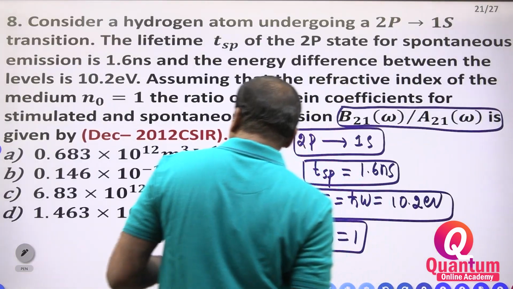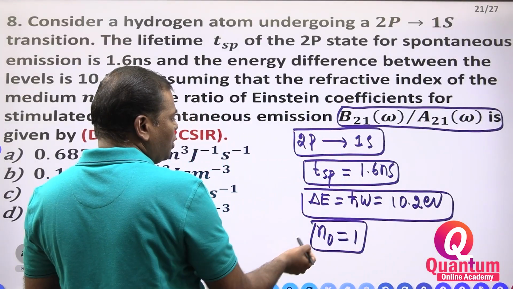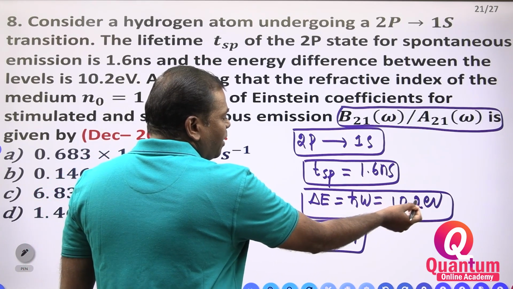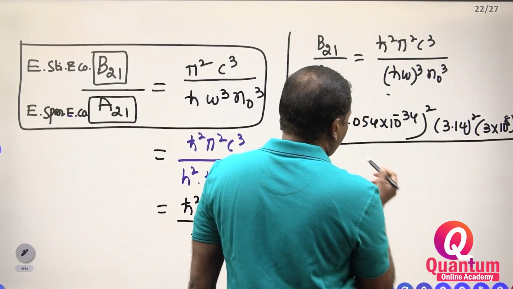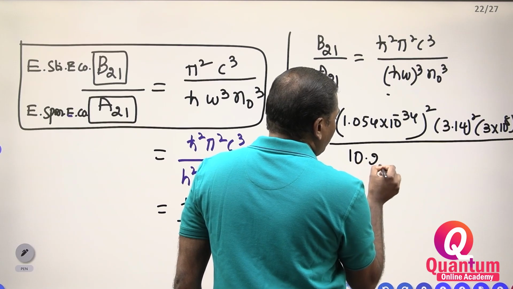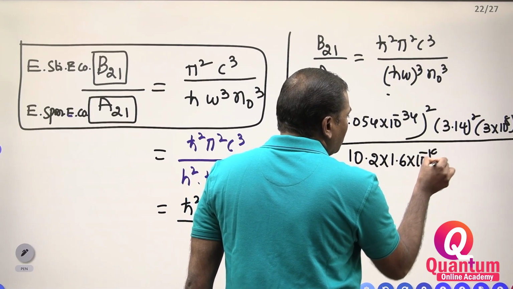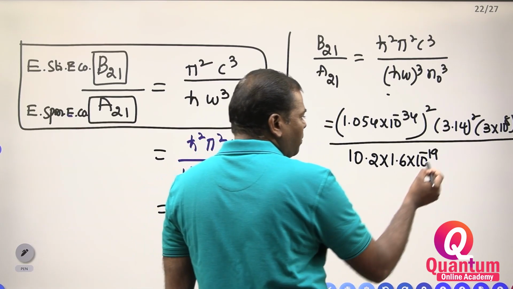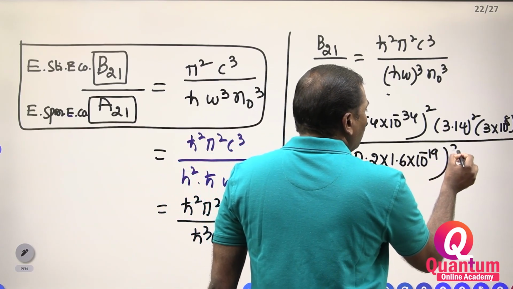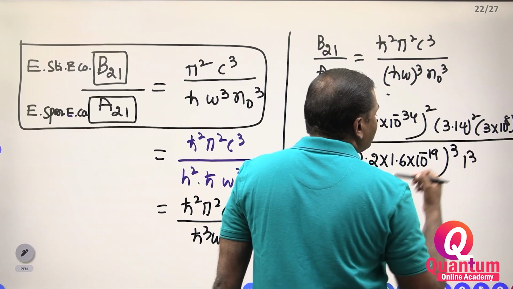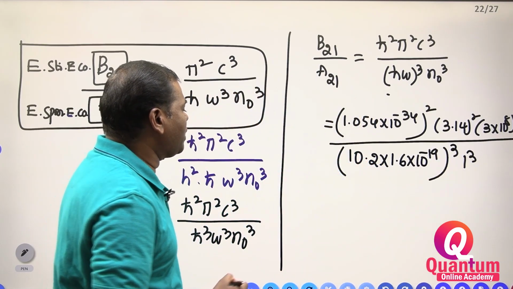They are giving the value. How much value are they giving? 10.2 electron volt. 10.2 electron volt you have to convert into joules, 1.6 into 10 to the power of minus 19, whole cube. n cube, n naught cube is equal to 1 cube.